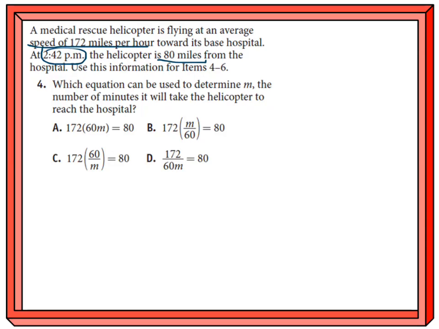So before we start, let's list ourselves out some stuff. We know that this helicopter has a speed of 172, so 172 miles per hour. Some of you have probably gone that fast in your car, right? Some of you probably couldn't even make it up to 72 miles per hour in your car, depending on age of your car.